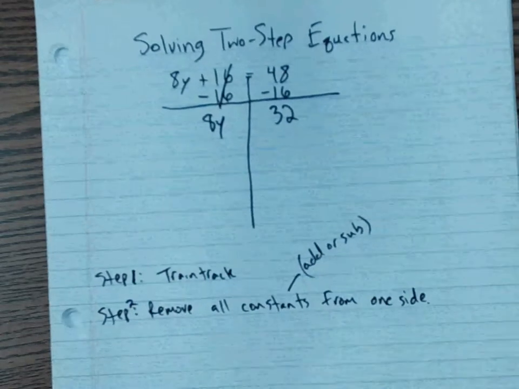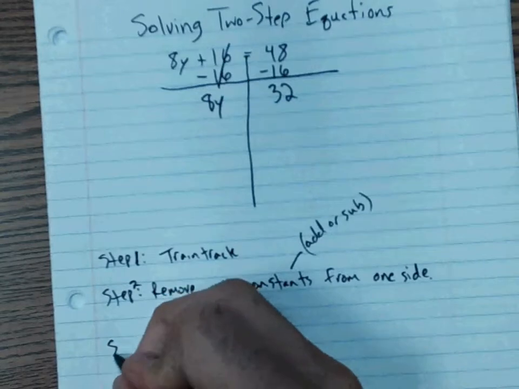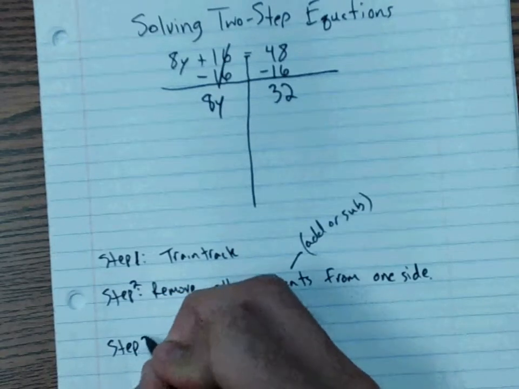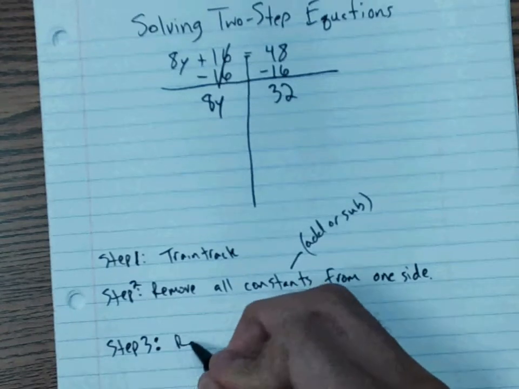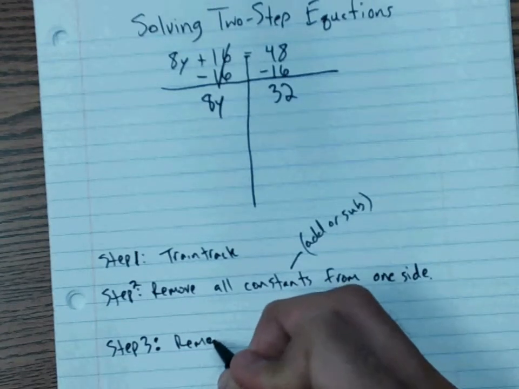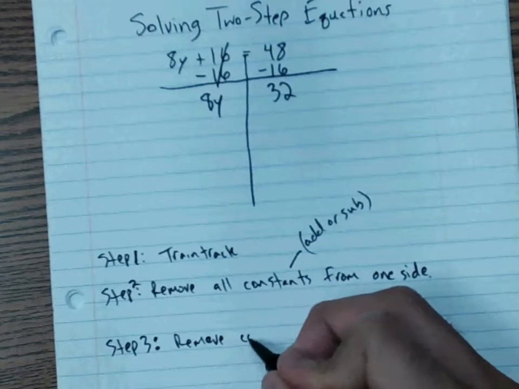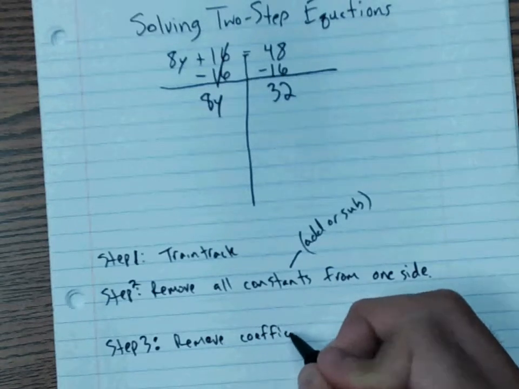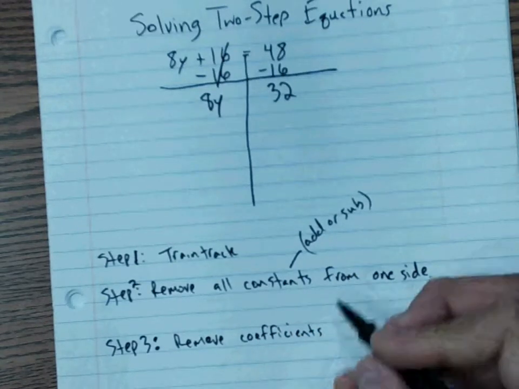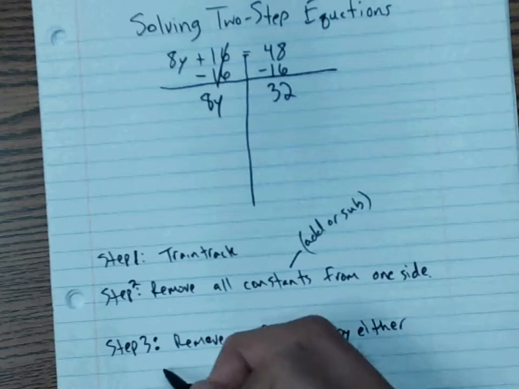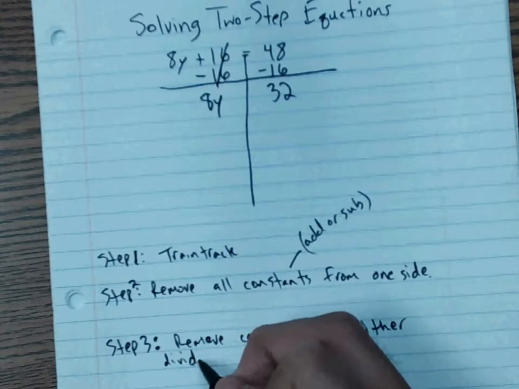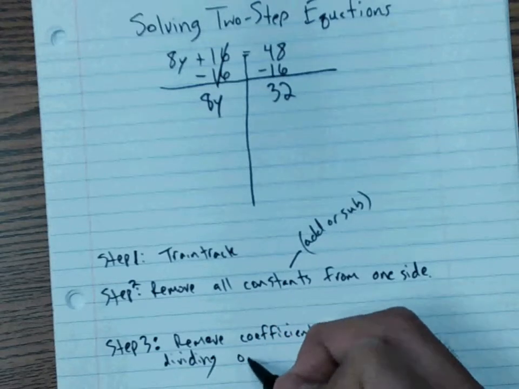Step three, I'm going to remove coefficients by either dividing or multiplying.